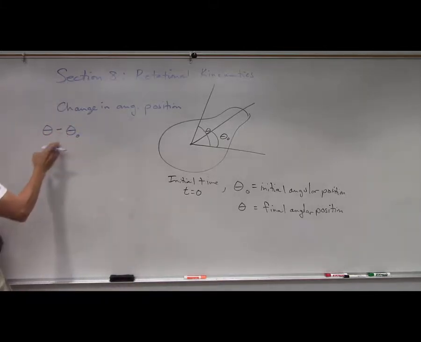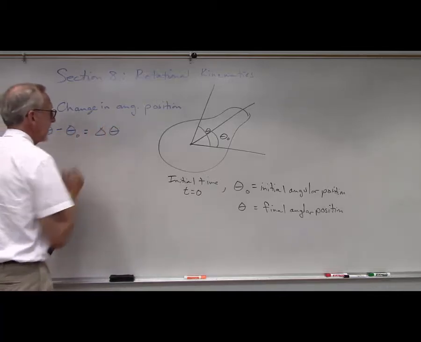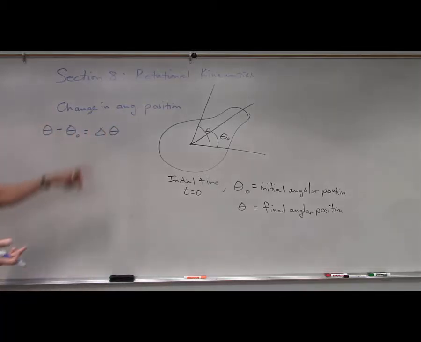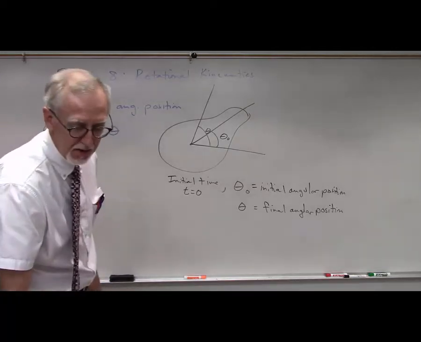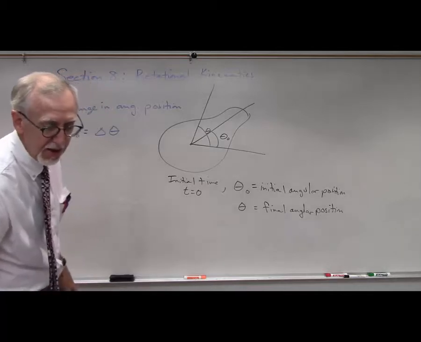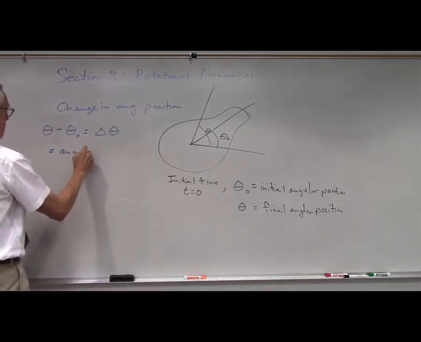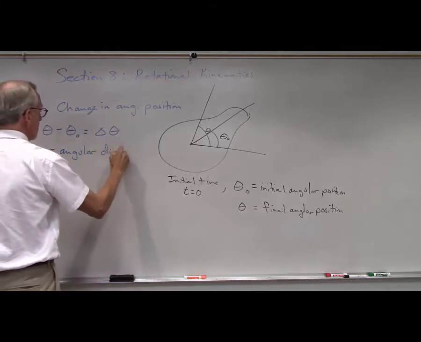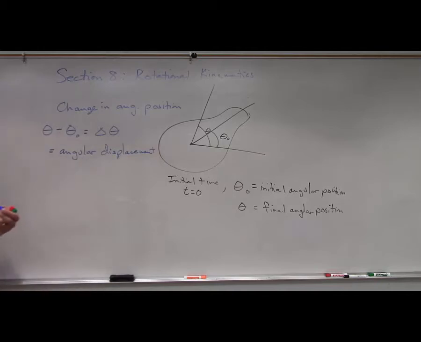The change in something is the final value minus the initial value, and we typically write that as delta theta. Delta, whatever the quantity is, final minus initial. And this is what we will refer to as the angular displacement.